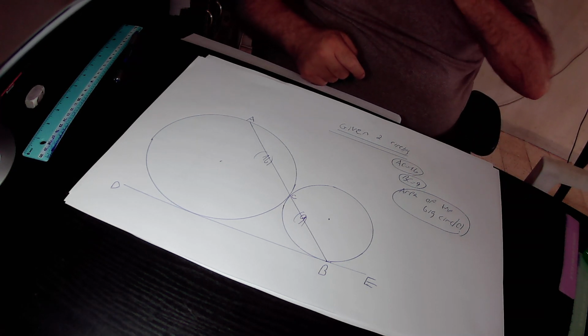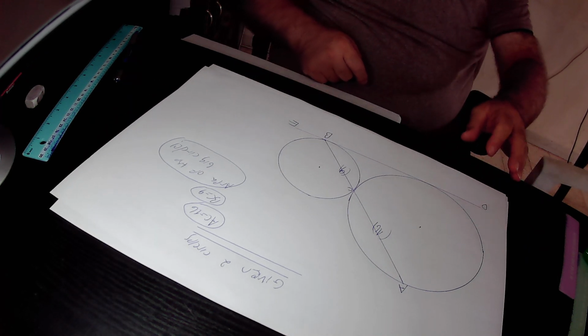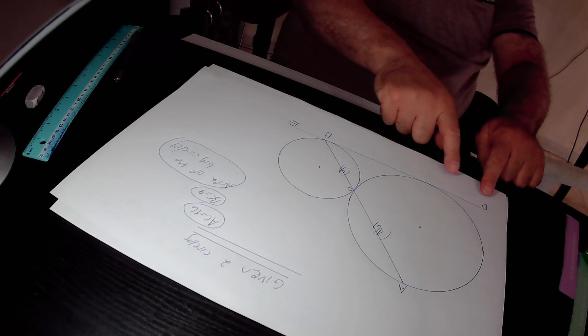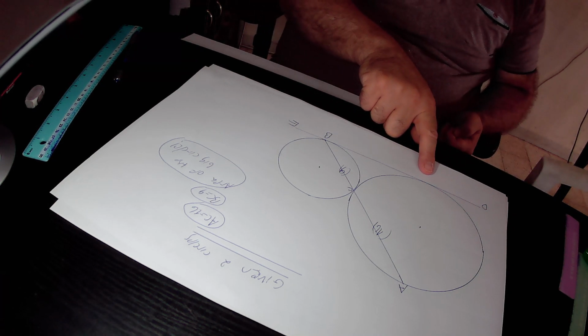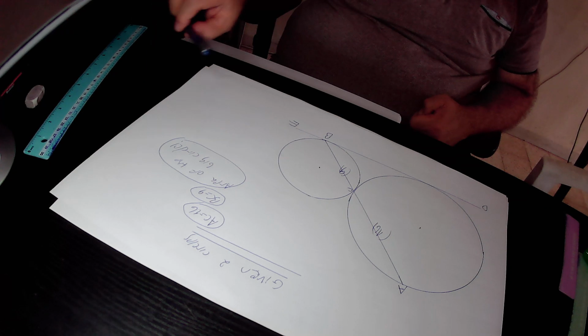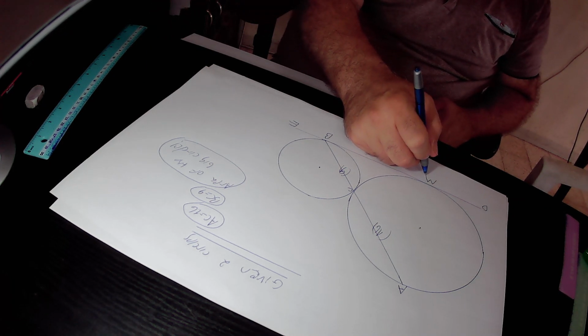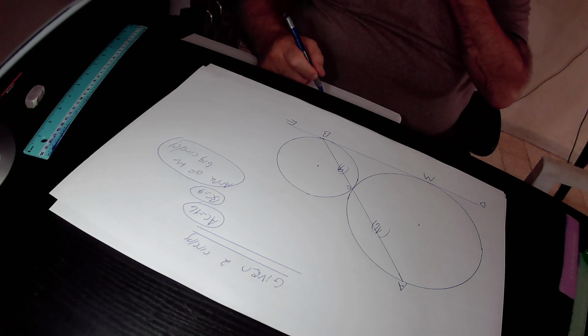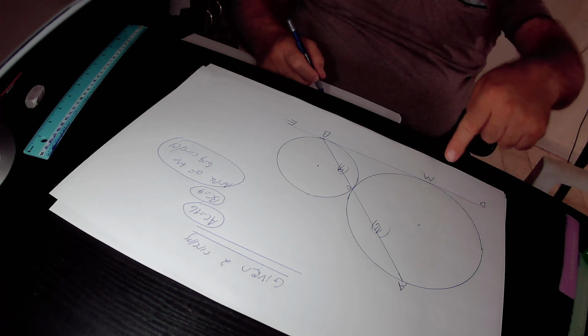Okay, so first of all, we will define the point of tangency of this tangent DE with this big circle. This point is point M. We will define the center of this big circle.